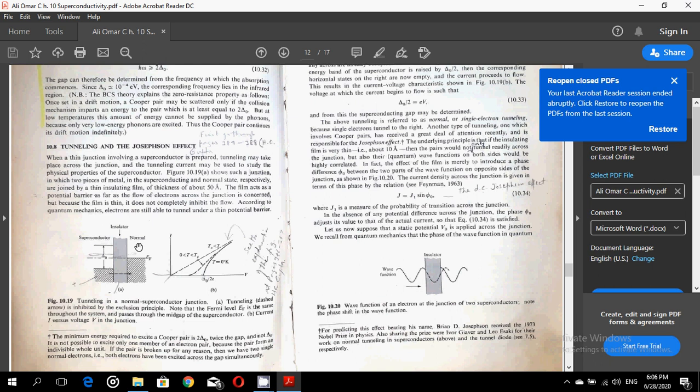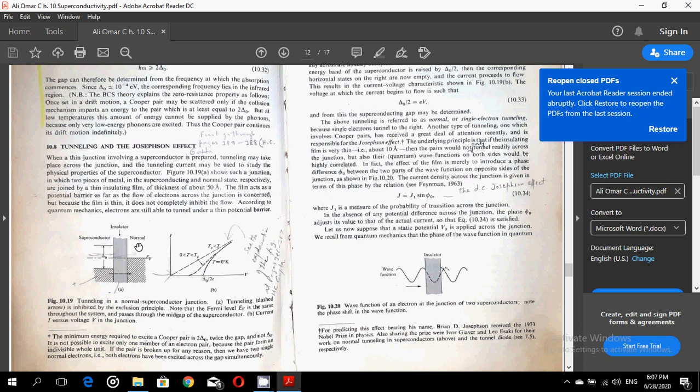The film acts as a potential barrier as far as the flow of electrons across the junction is concerned. But because the film is thin, it does not completely inhibit the flow. According to quantum mechanics, electrons are still able to tunnel under a thin potential barrier.